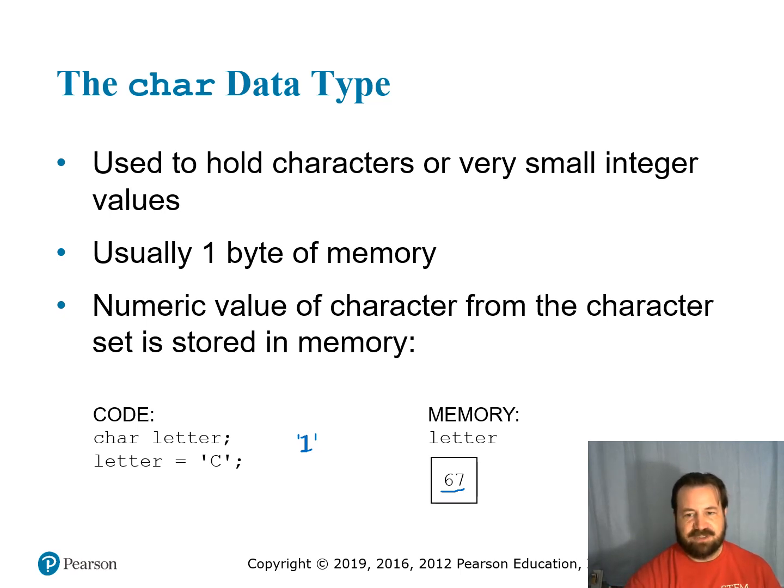Beyond 127, there are 128 more values, up to 255, that different extended ASCII codes use for different things.